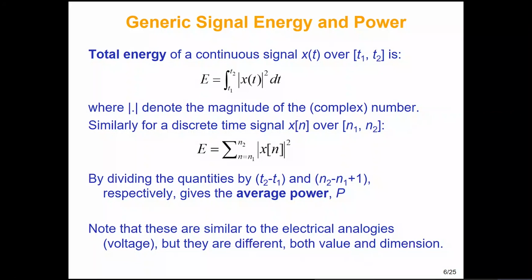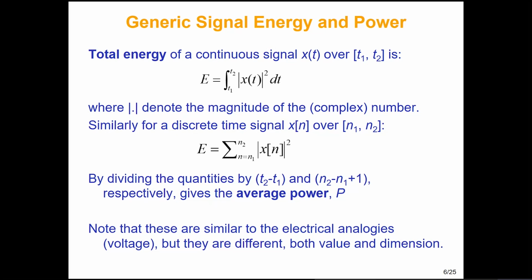In general, the energy of any signal would be the sum of the square of that signal. If you want to compute that energy within a particular interval, say from t1 to t2, we just take the summation within that interval. And as I mentioned, if your signal is continuous, then continuous summation is integration. So we just take the integration of the signal square. That will give you the total.